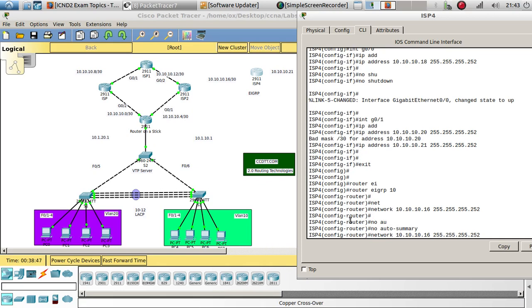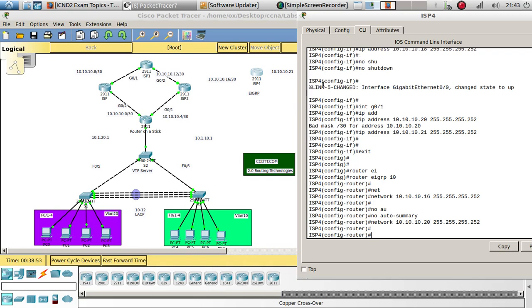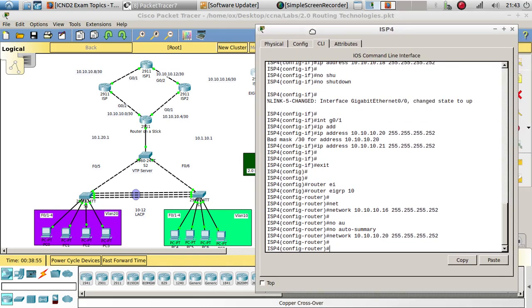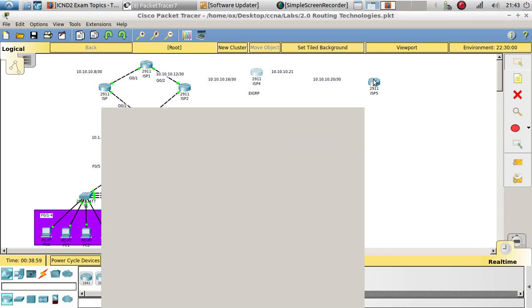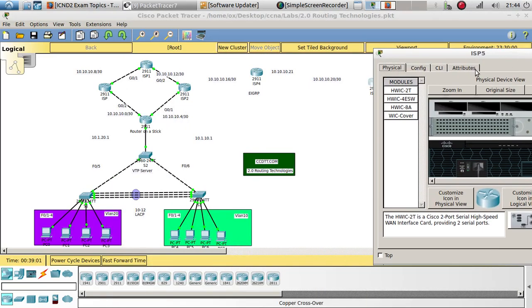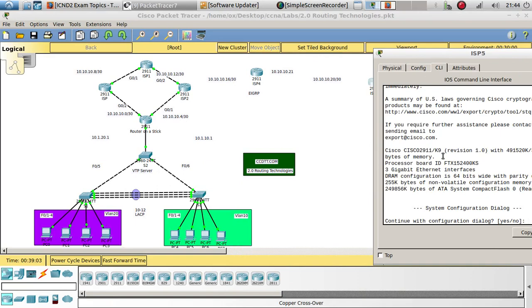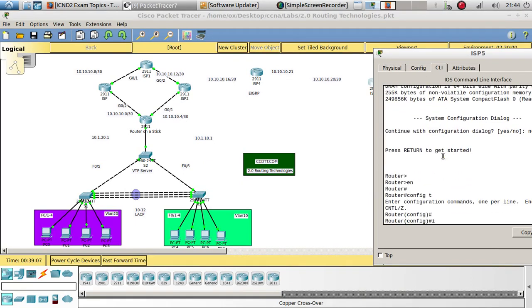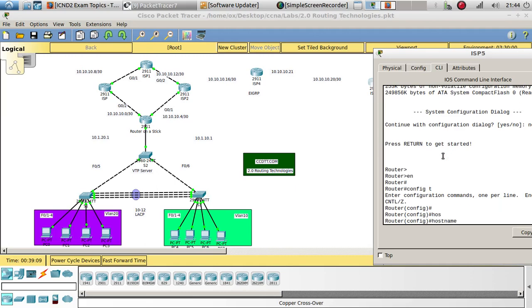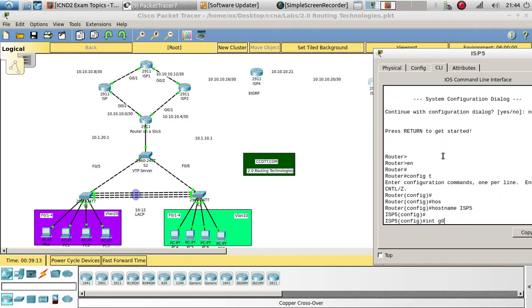Let's add the other subnet. That's great. And what we could do from here is actually go to ISP5 and configure those interfaces. Oh, it's only one interface for now. Enable, config t, hostname ISP5, interface gigabit 0/1.